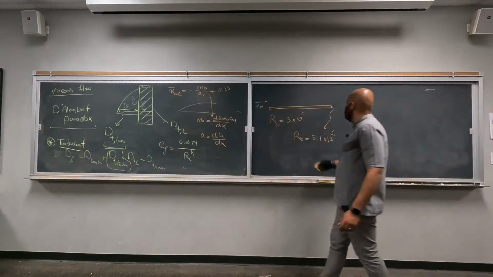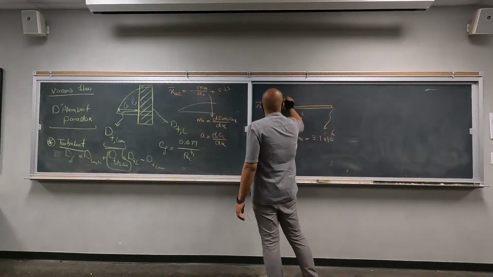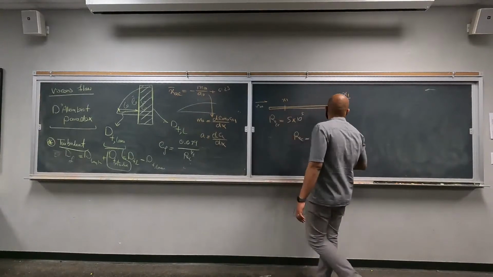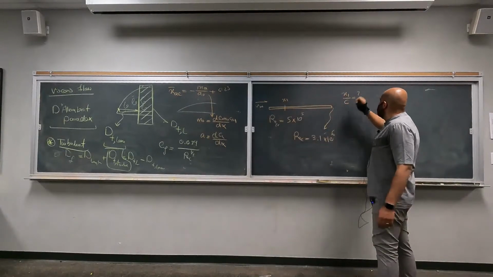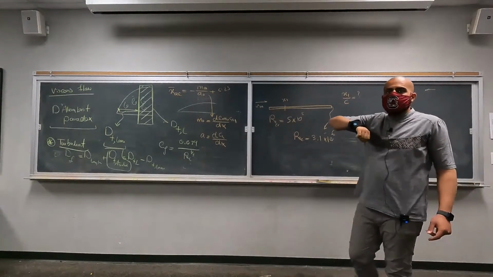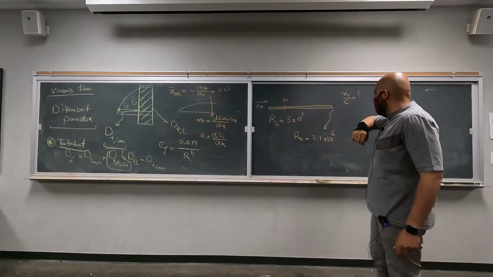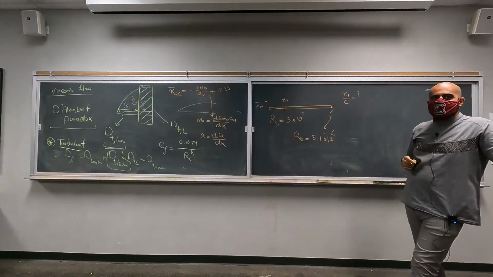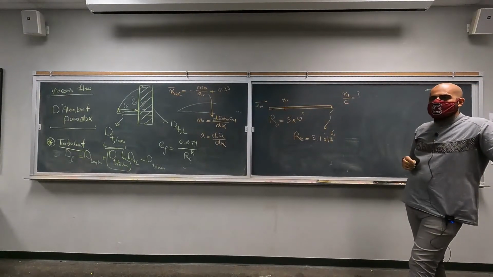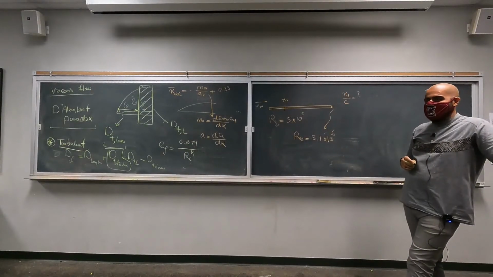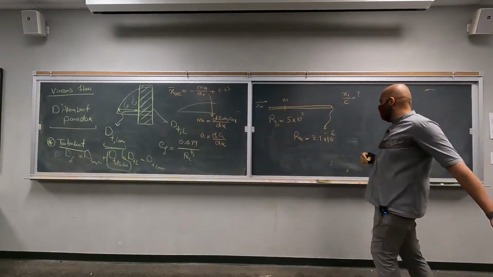Let's call the transition point x1. Can we find x1 divided by c? We have one no. Do we have any yeses? Yes. Okay. Can you elaborate on that? No. Okay. That's all right.